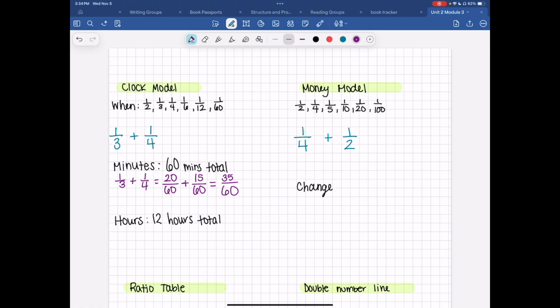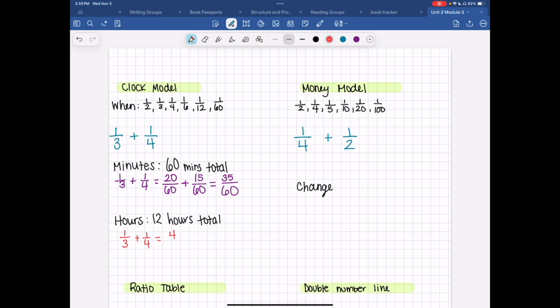imagine or even draw. I'm going to do red for hours. And when I say draw, I'm thinking about that clock model that we worked with in class. So if I had the clock model and I split it up into thirds and split it up into fourths, thinking about if I had this much shaded in on our clock, how many minutes and hours would that be? So if I thought about it with my hours, if I had 1/3, how many hours would that be?